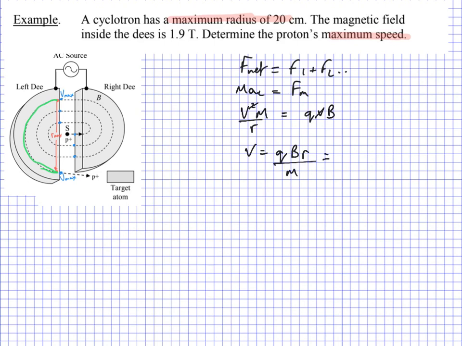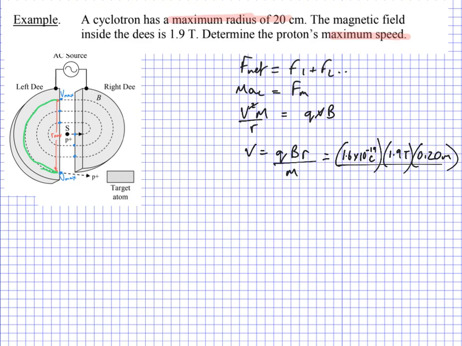What do I have for my q? Well, it's a proton, so it has one elementary charge, 1.6 times 10 to the negative 19 coulombs. My magnetic field is given in the question, 1.9 teslas. And the radius of curvature is 20 centimeters, which is 0.20 meters.